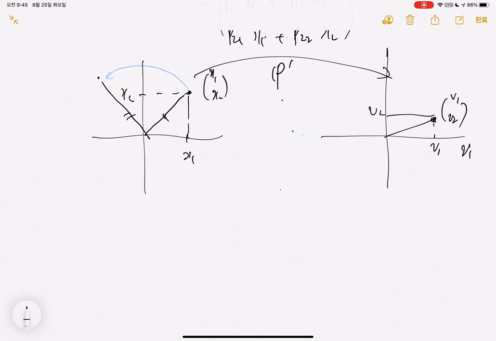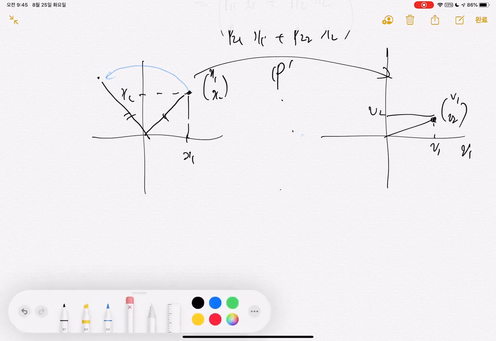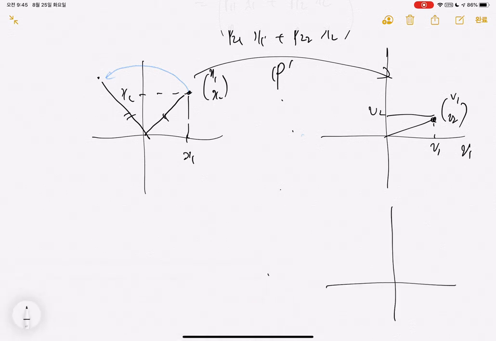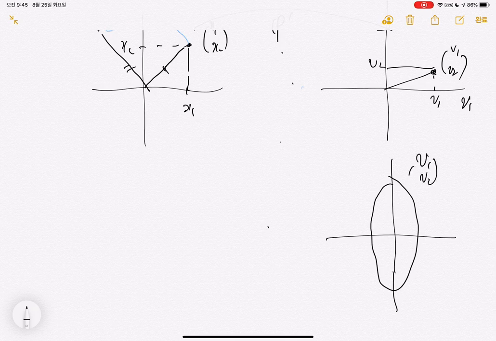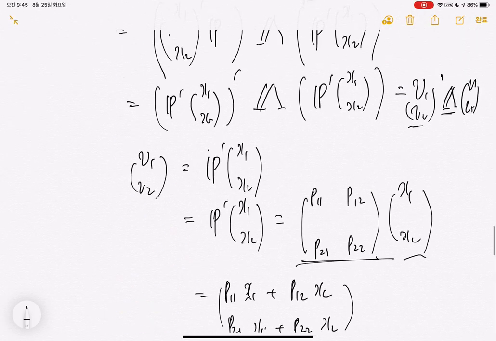And we know v1, v2 prime lambda v1, v2 is an ellipse. One more thing I should have mentioned is that when your matrix is positive definite, then the eigenvalues are always positive.